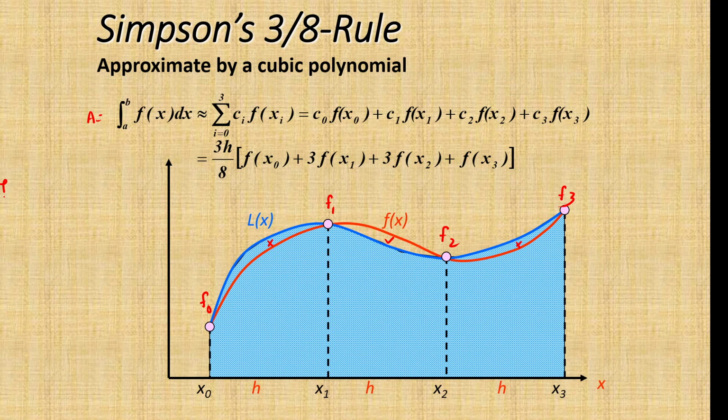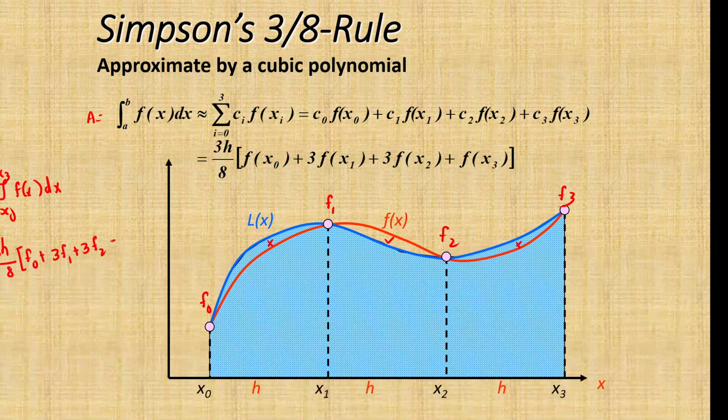When you estimate the integral of f(x) dx from x0 up to x3, the formula is 3h over 8 times (f0 plus 3 times f1 plus 3 times f2 plus 1 times f3). This is the basic formula. So we are going to apply this basic formula to area 2, area 3, up to area n.